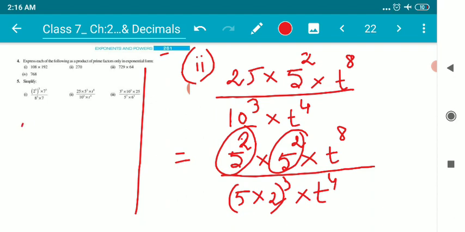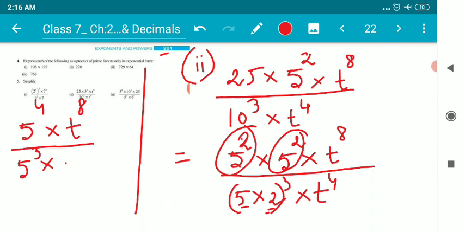It will be 5 to the power 4 into t to the power 8, I'll write t to the power 8 as it is, divided by this whole to the power 3 on 5 into 2, means this 3 is on 5 as well as on 2. So I'll just simply write 5 to the power 3 into 2 to the power 3 into t to the power 4.